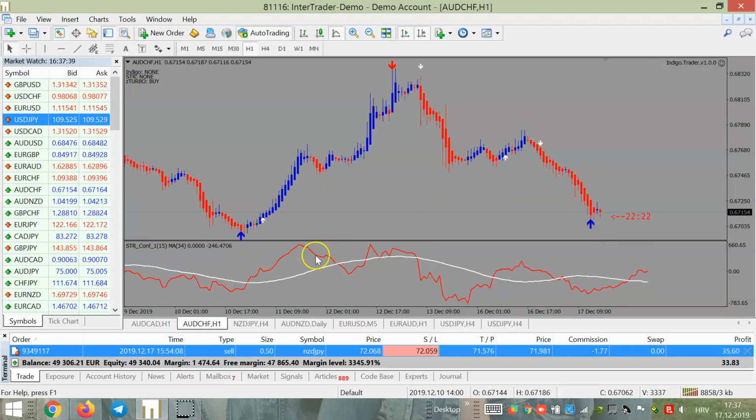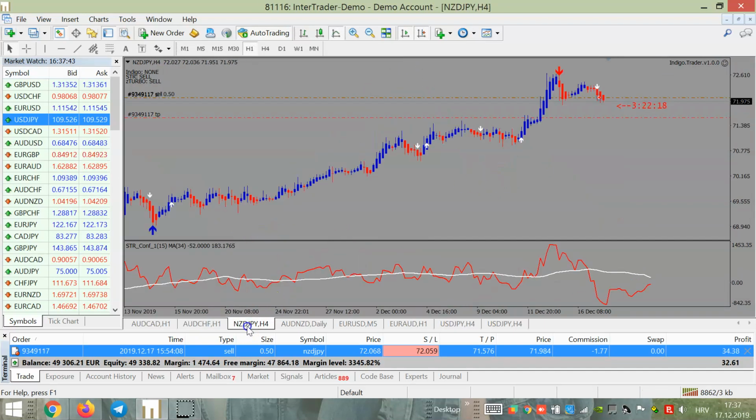So this is only one example. This is our trade. You see, trailing stop has been opened here. Sell line is moved under the enter. So now we secure our trade, and we cannot lose anymore.